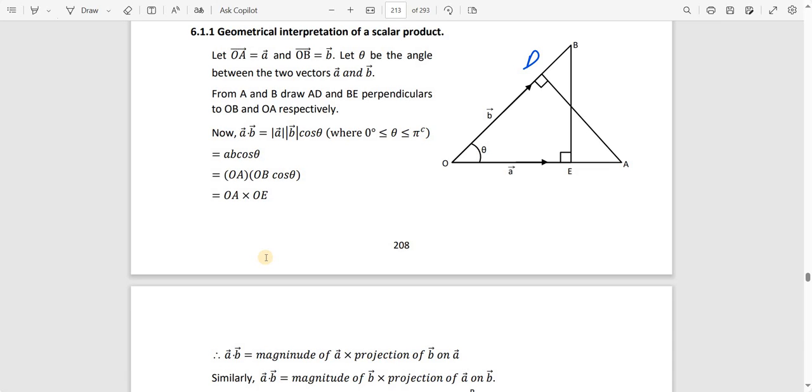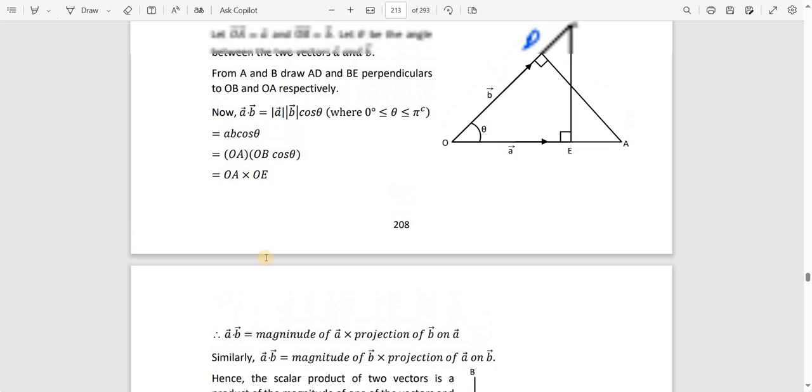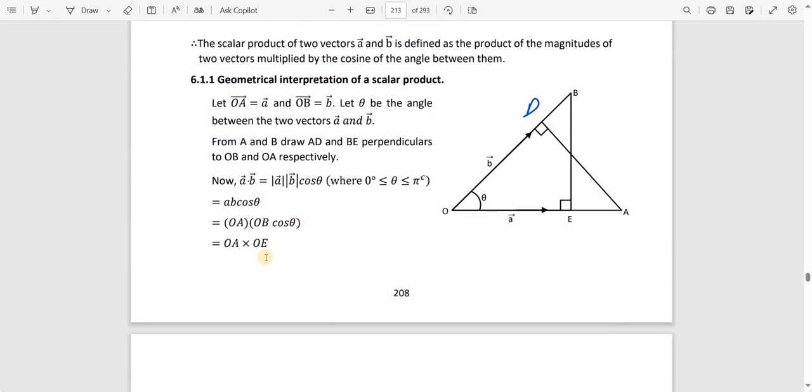AB, AB is OA into OE, correct? OB cos theta. OB cos theta means OE.